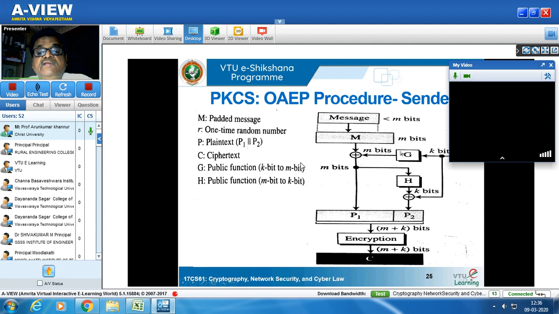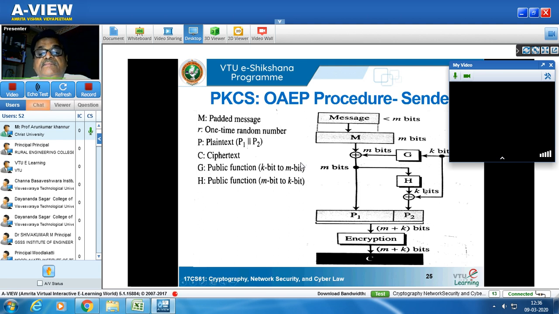The first K bits, after that the second part, we consider here M2 K bit. So the first K bits will be converted or encrypted, and then put in the form of P1.